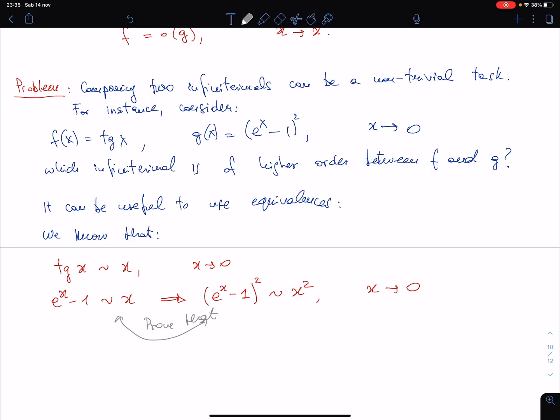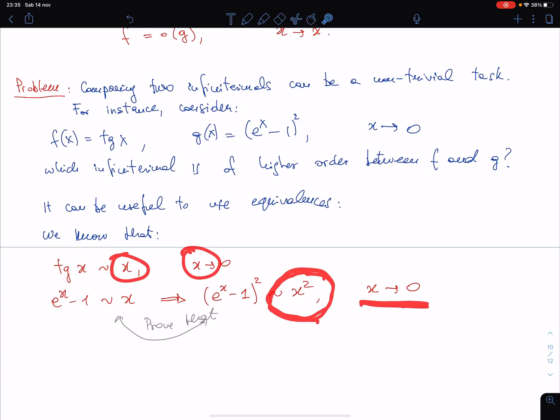Now the reasoning is simple. Since x squared is of higher order than x, as x goes to 0, higher order as an infinitesimal, I repeat, so it is an infinitesimal stronger than this. So it is more infinitesimal, it is more negligible than x.